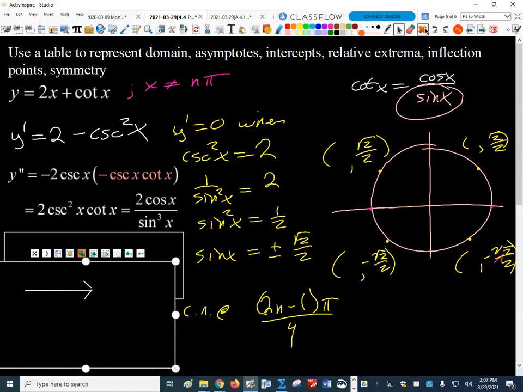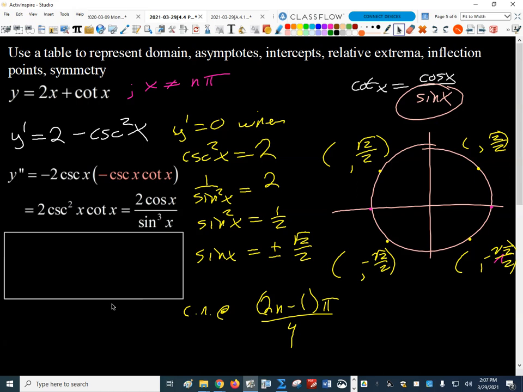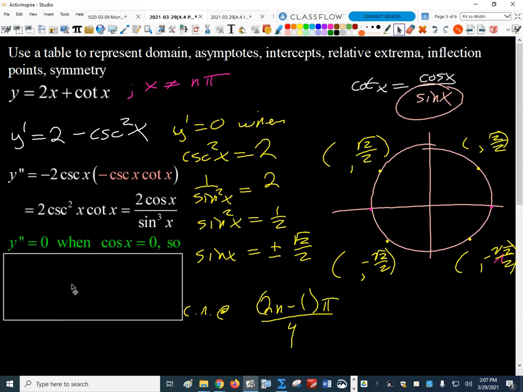Okay? So then where is this equal to 0? Well, the second derivative is equal to 0 when the numerator is 0, right? So the second derivative is 0 when cosine x is 0. And where does that happen on the unit circle?